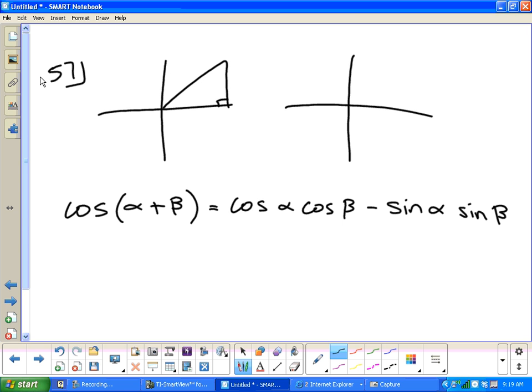Once you get the triangles drawn and filled out, stop. Don't get too far ahead. Alright, the beta triangle was in what quadrant? Where's the beta angle? Yeah, same quadrant.